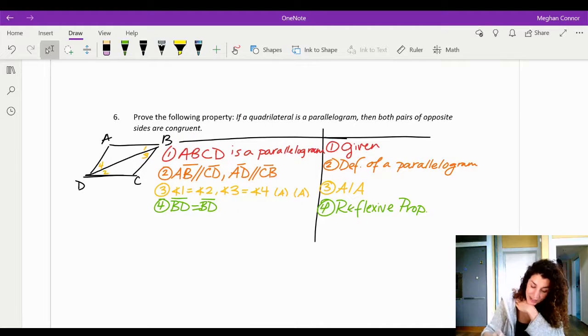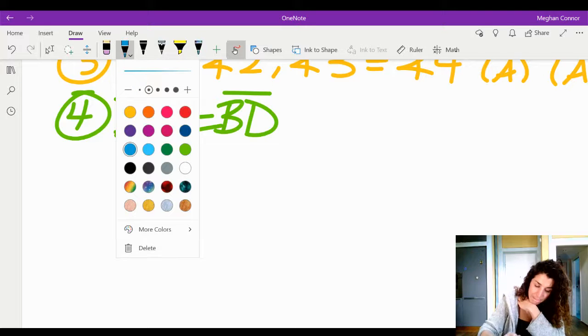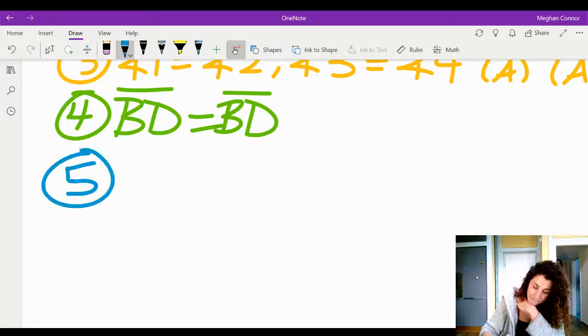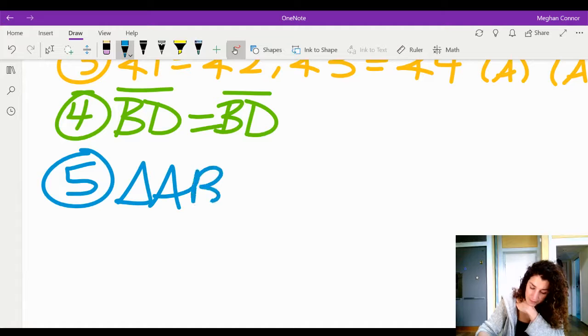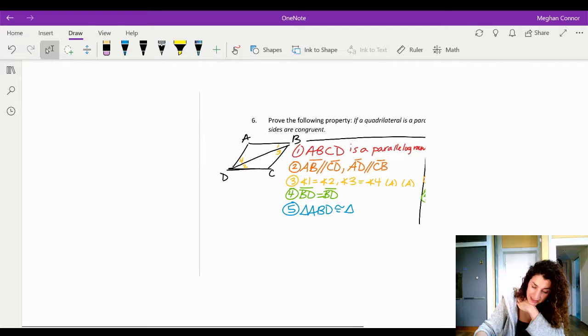And that's my side. So now I can say that triangle ABD is equal to triangle CDB.